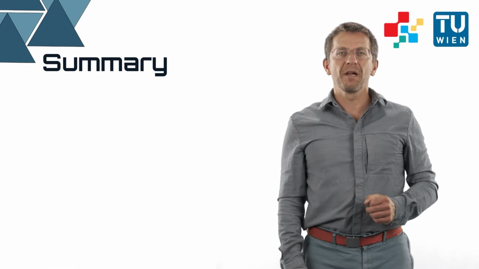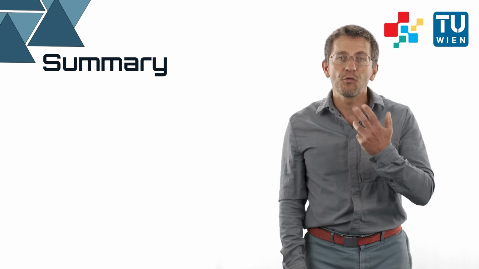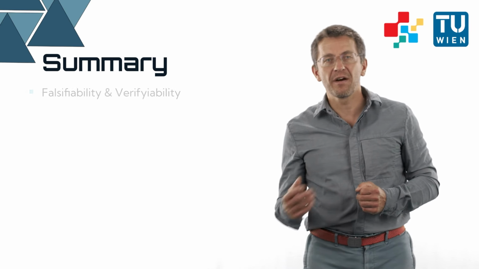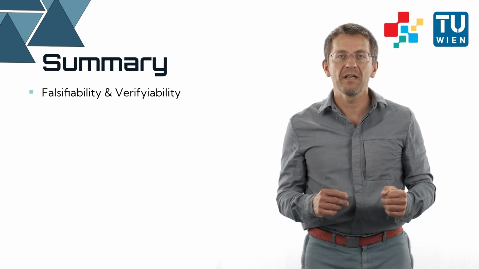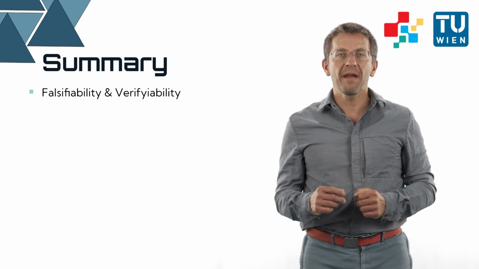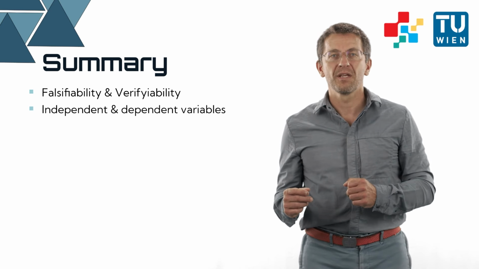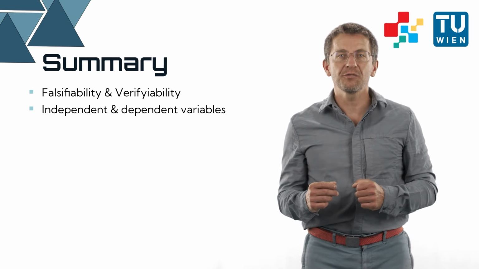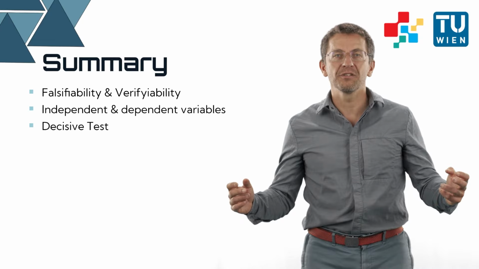You have seen the core building blocks of a sound experiment for testing explanations. You have learned about falsifiability and verifiability, designing experiments that can prove an idea wrong and confirm it if it's right. We looked at independent and dependent variables, what you change and what you measure. We explored how a decisive test can isolate the key prediction and rule out other explanations.